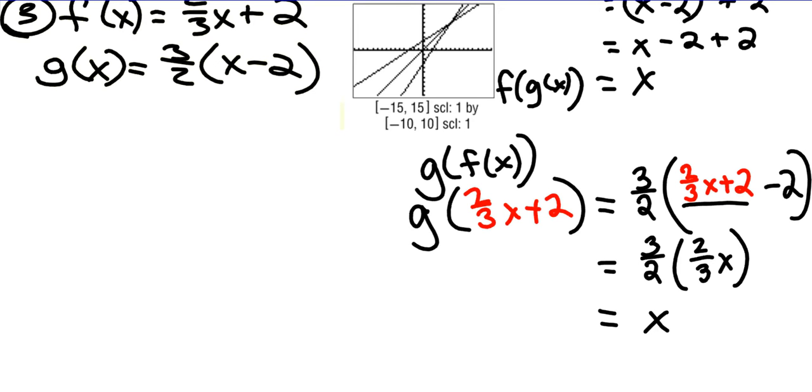Now, the next thing I want you to do, on a piece of graph paper, you're not going to get a ruler, I want you to just draw your axes with a straight edge, and we'll probably draw that y equals x line.